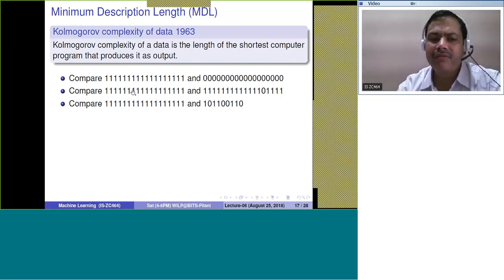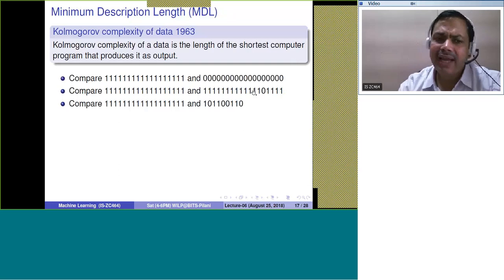Now can you tell for the second one, where all are ones and then at some place there is a 0, which has the higher complexity? That one, because now you have to account for it. Just compare the first string and the second string and tell me which has the larger Kolmogorov complexity.